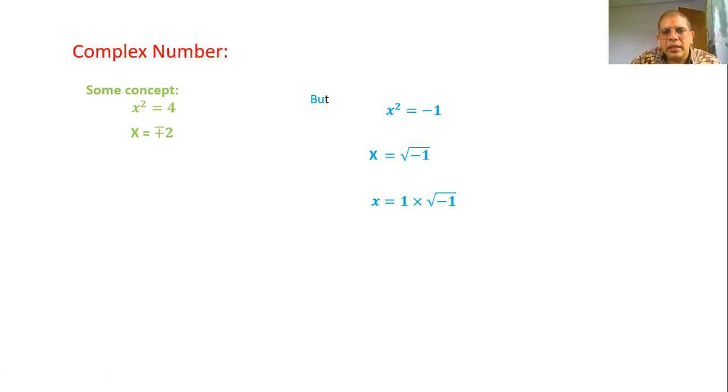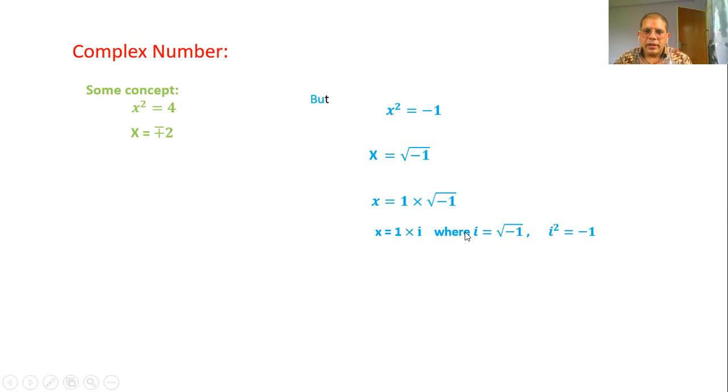So it is an imaginary number, so you can suppose x is equal to, in the place of minus root under 1, you can write down here I, where I is equal to root under minus 1. So I square is equal to minus 1.